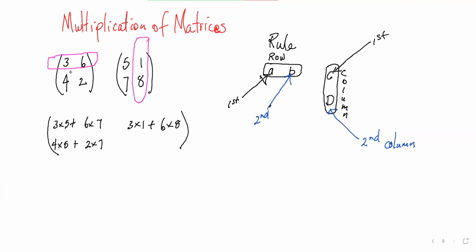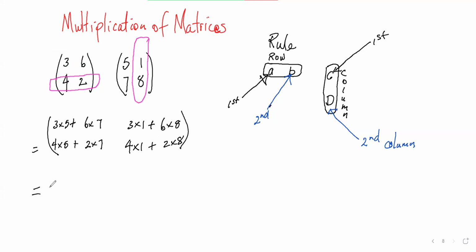Now we're going to do that again. I'm going to go down to this. So it's 4 times 1 plus 2 times 8. All right, and that's it.